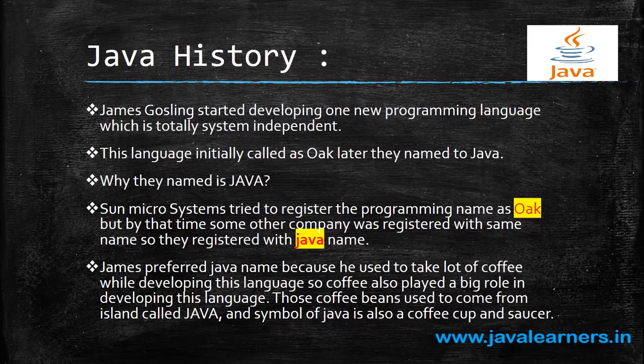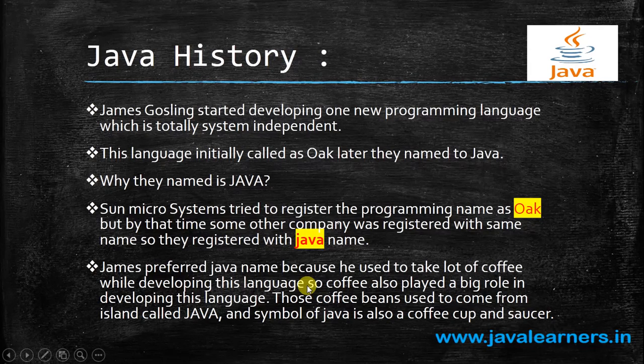But why did they name it Java? There is a history behind that too. James Gosling preferred the name Java because he used to take a lot of coffee while developing this language.